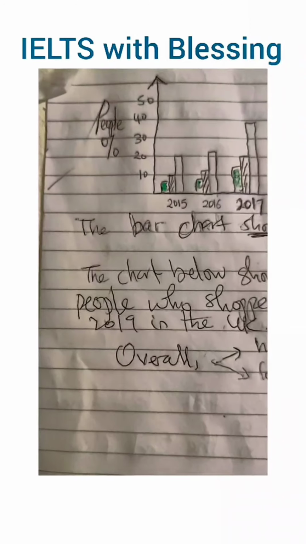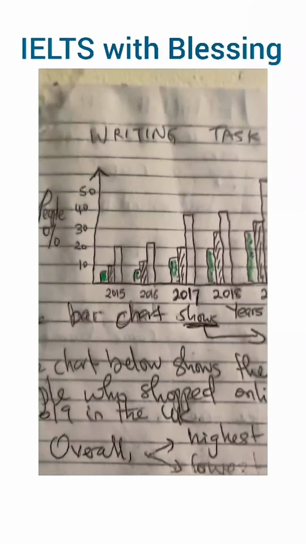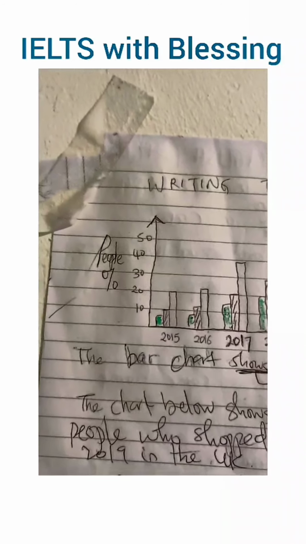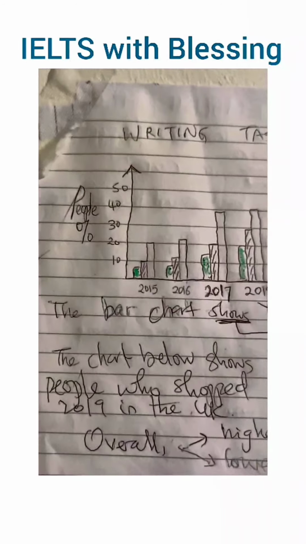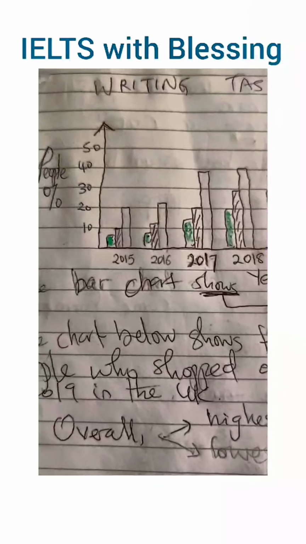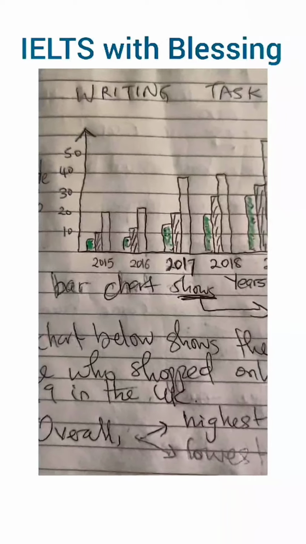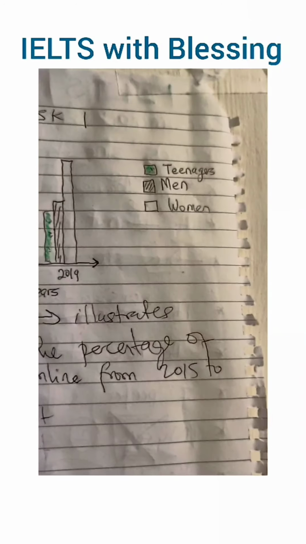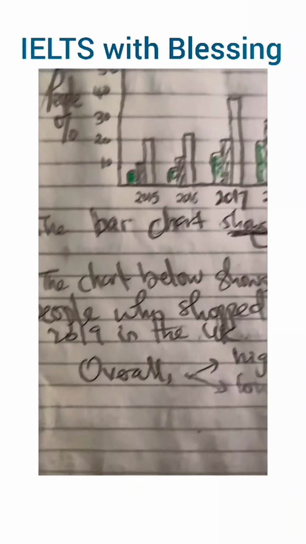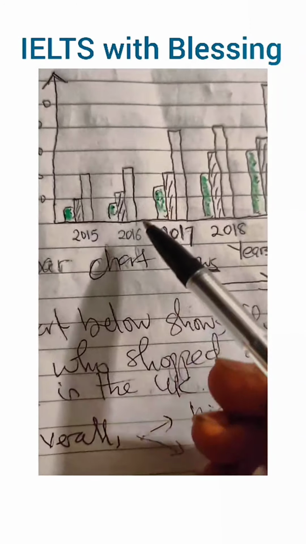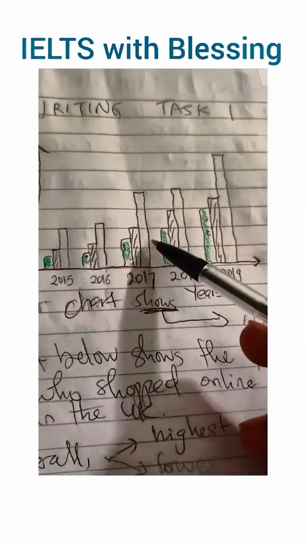When you start, you say overall. For instance, overall, it can be seen from the bar chart that the highest percentage of people that shopped online was women, because the women are the blank ones. Here it was women, 2017 was women, 2018 was women, compared with men and then teenagers.